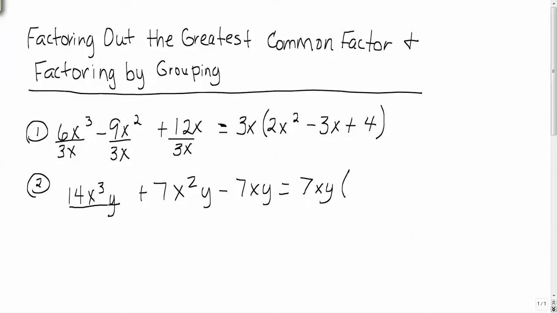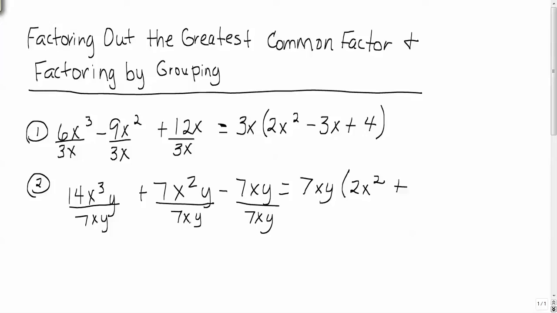So now we're going to divide each term in the original problem by 7xy. When you divide the first term by 7xy, that gives you 2x squared. Remember, you subtract those exponents when you're dividing. And the y's completely cancel out on that one. Plus, on this one the 7's cancel and the y's cancel.